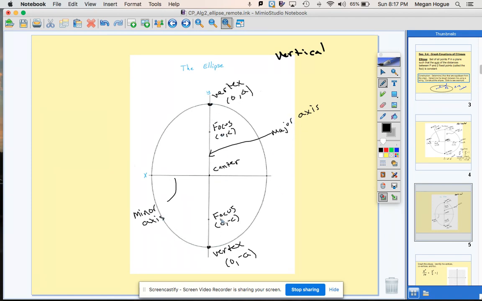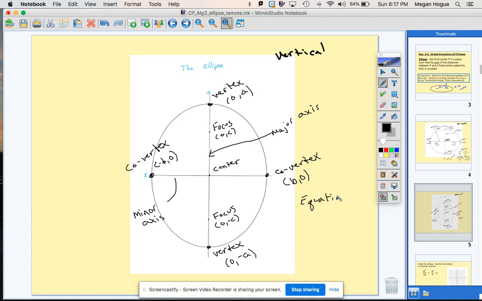The vertical one, the major axis, is a vertical line. These 2 points are each a co-vertex. And so that's happening, remember co-vertex is B, so that happens at B, 0. And this co-vertex happens at negative B, 0.